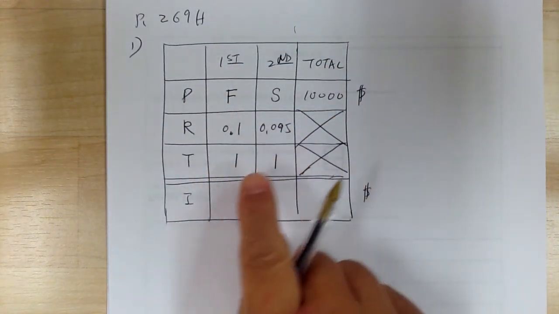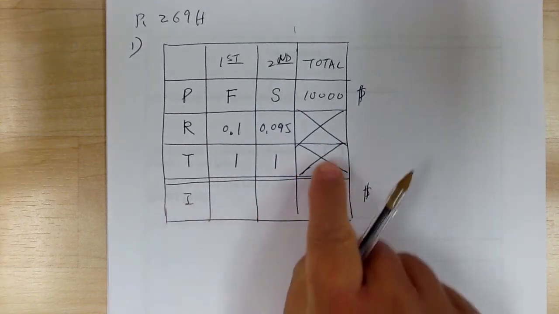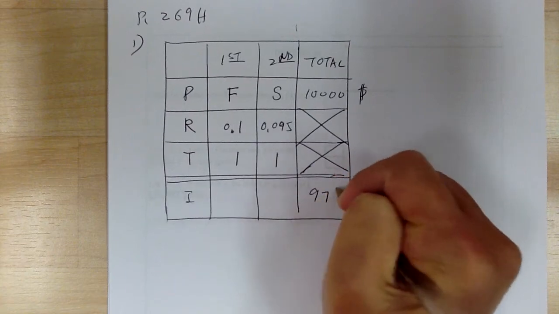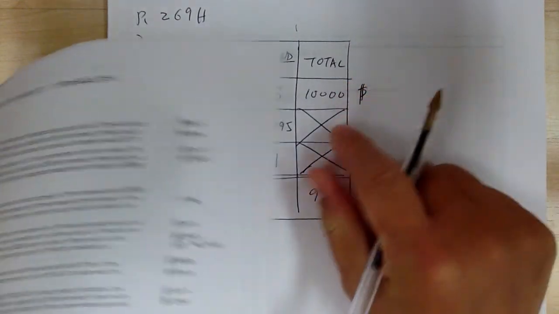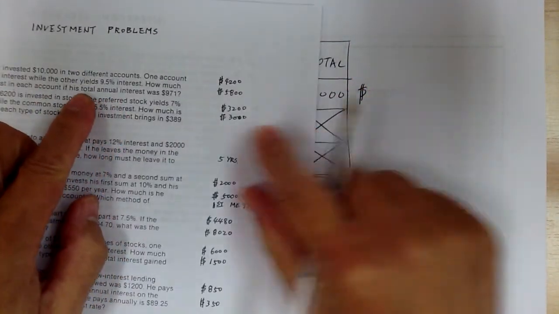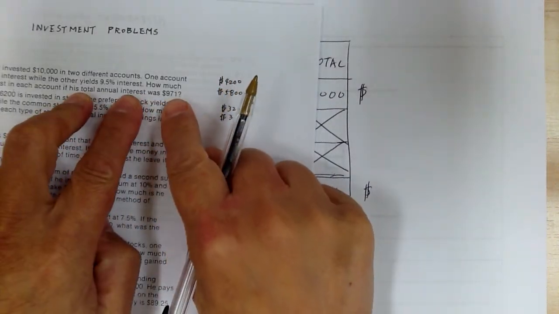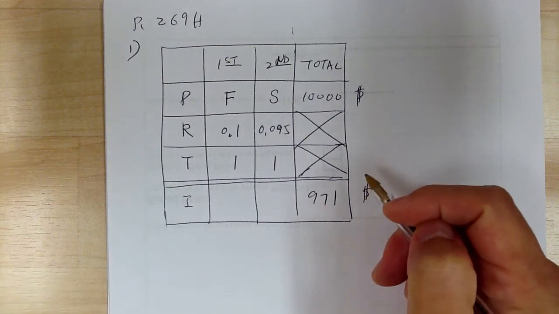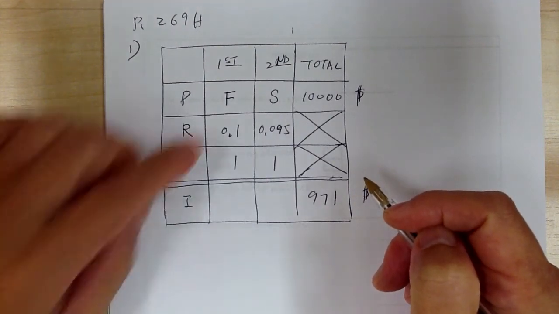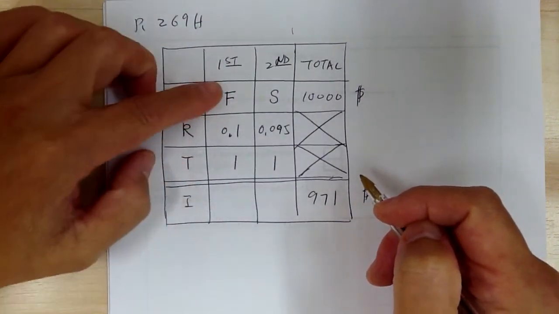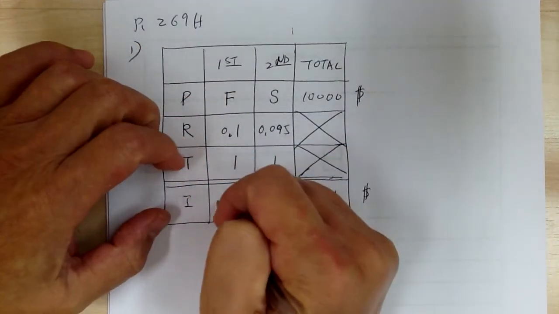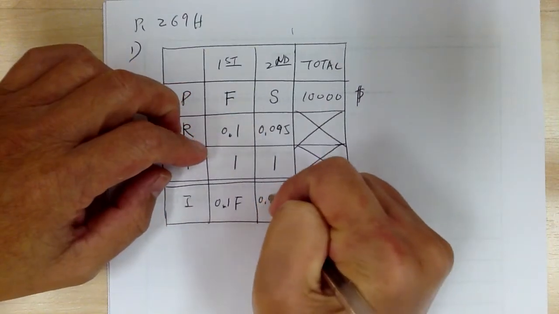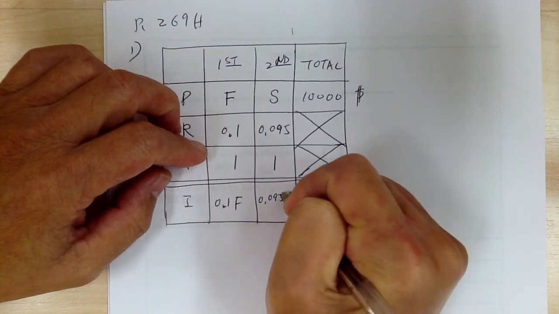So the total annual interest was 971. Again, if you look over here, the total interest is 971. And just like any other problem, you need to multiply down the column. So when you multiply, you're going to get 0.1F, and for this one, 0.095S.